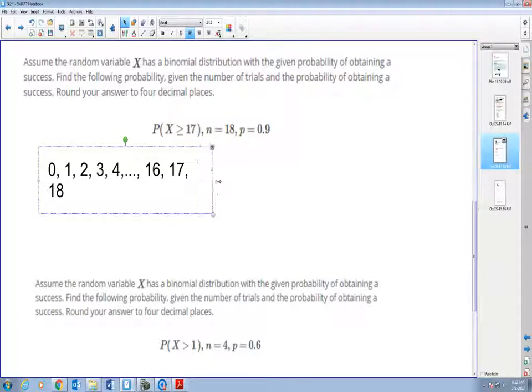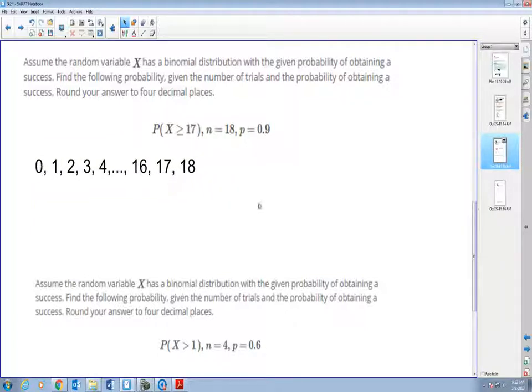Let's go all the way up to 18 because I got 18 trials. So this one wants me to do greater than or equal to 17. So what I want is 17 and 18.